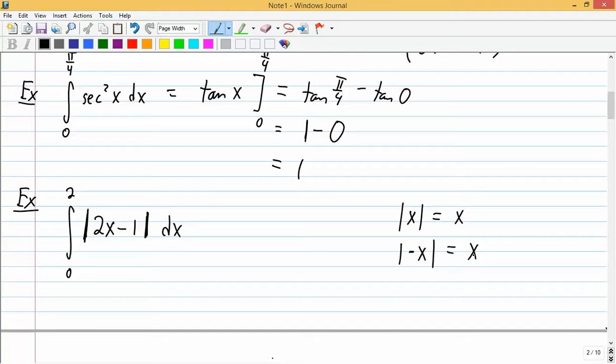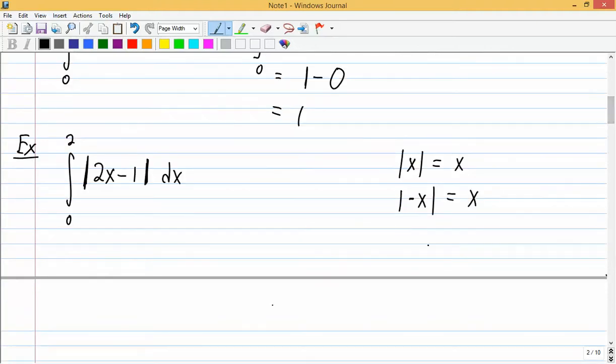All right. Now I'm sure you understood that before, but just to refresh your memory on absolute value. It's almost like you could say if x is greater than 0, then you just get x, right?